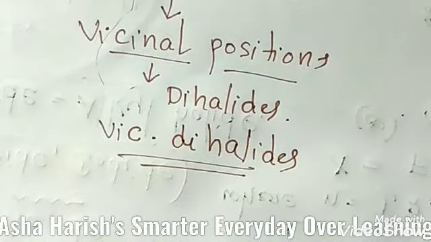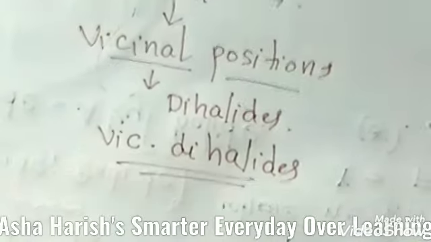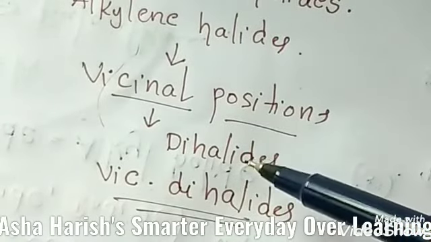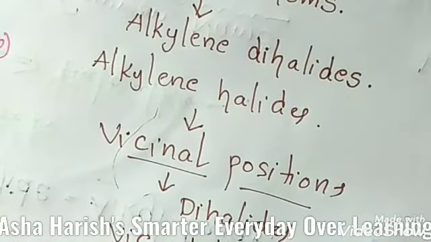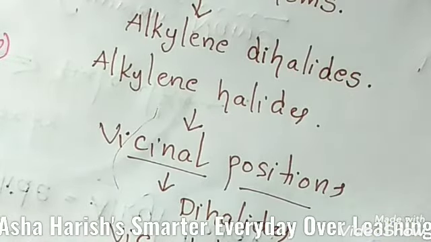IUPAC names. In the IUPAC system, all types of dihalides are called dihaloalkanes, with the positions of the halogen atoms indicated by the lowest possible Arabic numerals.